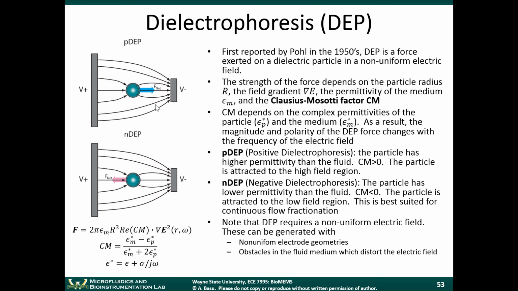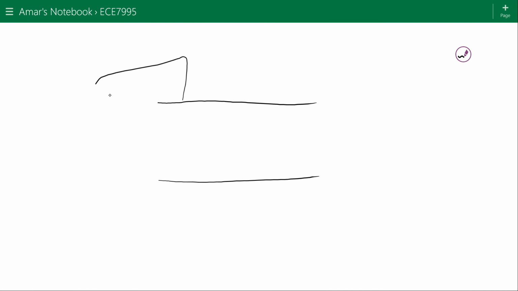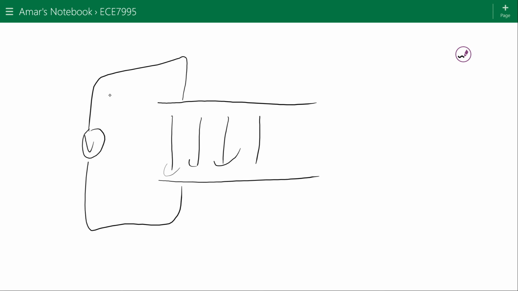So first of all, what is a non-uniform electric field? Let me give you an example of a uniform electric field first. A uniform electric field looks like this. You have two electrodes that are the same size. You put a voltage across it, and the electric field lines are the same everywhere between these two plates. Electric field lines are uniform.